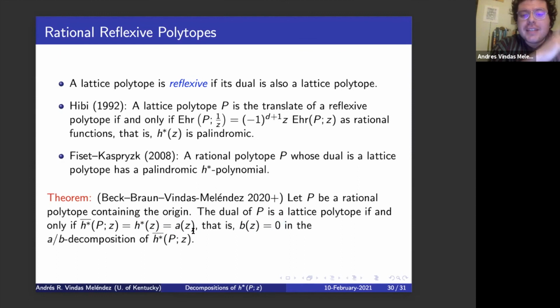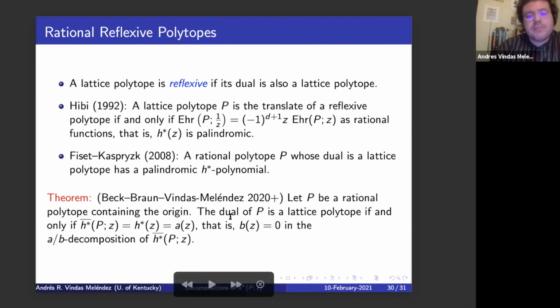It turns out that the dual of that polytope is a lattice polytope. And so when we do the H-star bar decomposition, which maybe I should have done to be more illustrative, but I didn't, we would get that the B polynomial is 0. Okay. And so this gives a different way of approaching proving this result.